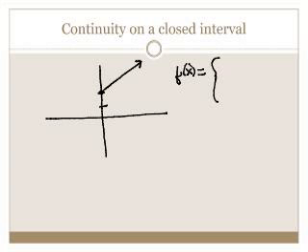And let's say that f of x is equal to x plus 2 if x is greater than or equal to 0 and less than or equal to 4.